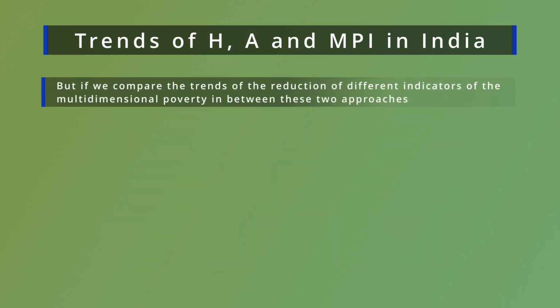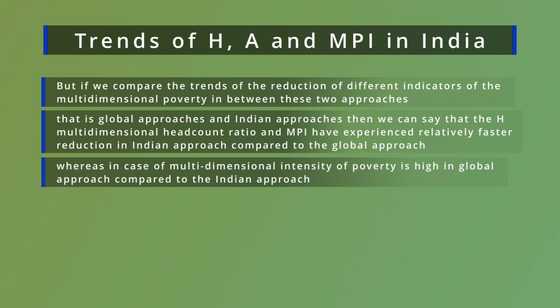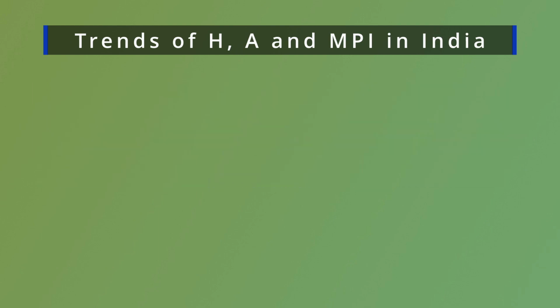But if we compare the trends of the reduction of different indicators of multidimensional poverty between these two approaches, the global approach and the Indian approach, then we can say that H, the multidimensional headcount ratio, and MPI have experienced relatively faster reduction in the Indian approach compared to the global approach. Whereas the multidimensional intensity of poverty is relatively high in the global approach compared to the Indian approach.